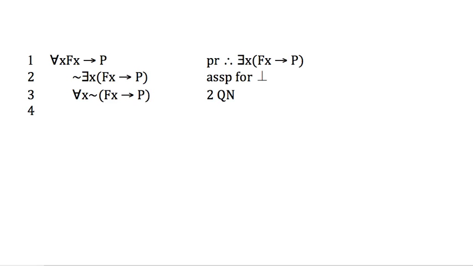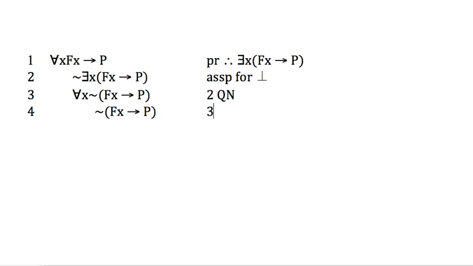In other words, from line 3, it pretty clearly follows that everything is an f. So if we can get a free variable into the proof, which we'll do here by instantiating to x, we'll be able to prove for all x f x.